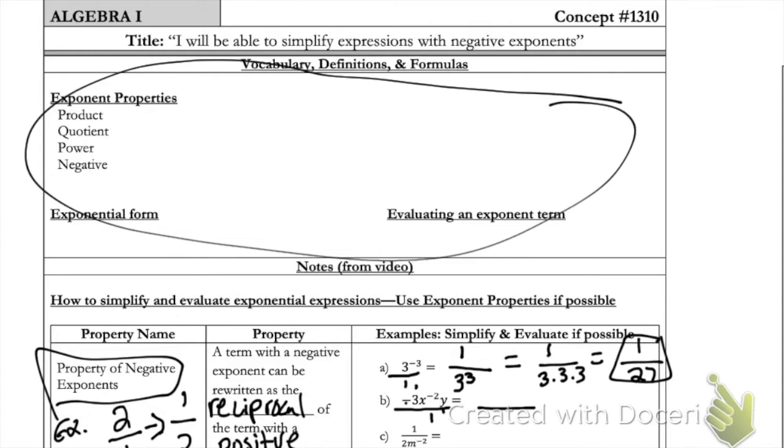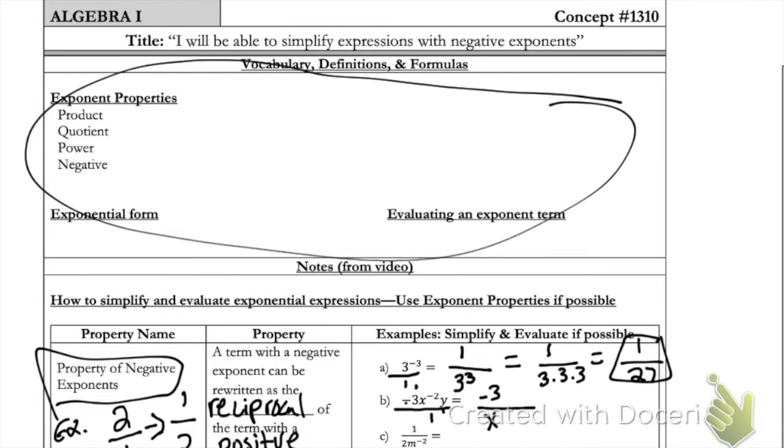So negative 3 will stay where it is on the top. The x to the negative second, so x is what's raised to the negative 2. That's something we cannot have, so I'm going to move this from the top to the bottom, from numerator to denominator, and I'm going to drop the negative sign. It used to be on the top, now it's going to go on the bottom.